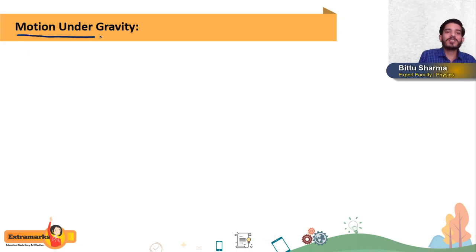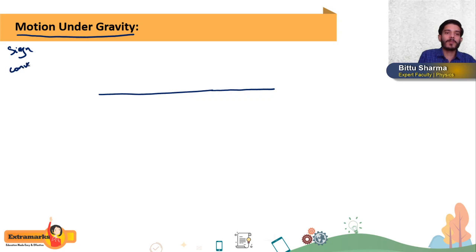Students, the next concept is motion under gravity. Now how will you solve questions based on motion under gravity? Remember, the first and very important thing for motion under gravity is sign convention. Now what is sign convention? If the body is going upward, then distance or displacement we will always take positive.